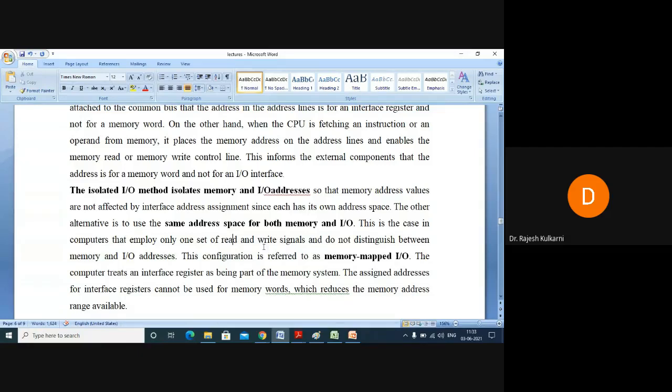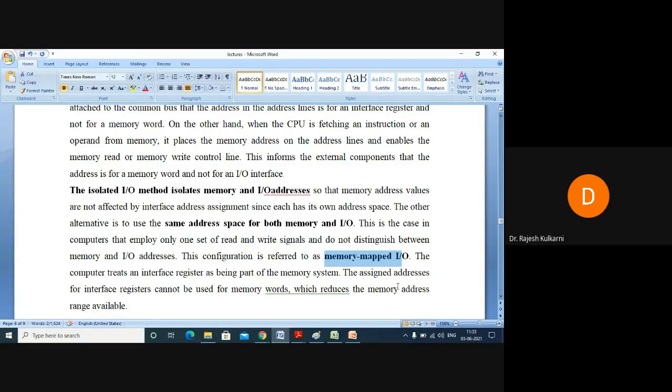They are not separated as if one is for memory and the other for IO, so you have single read and write signals. That scenario is called memory mapped IO.